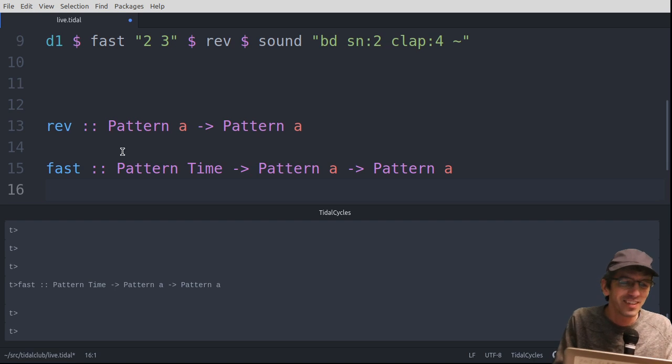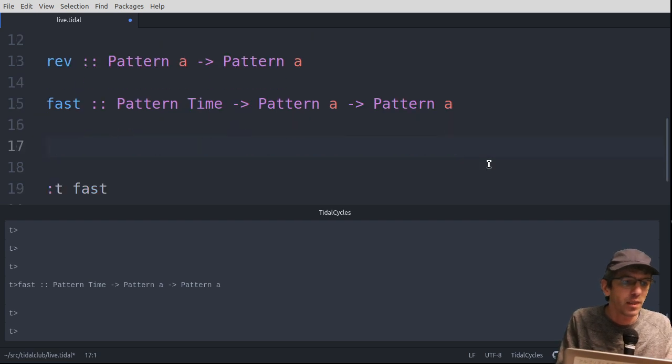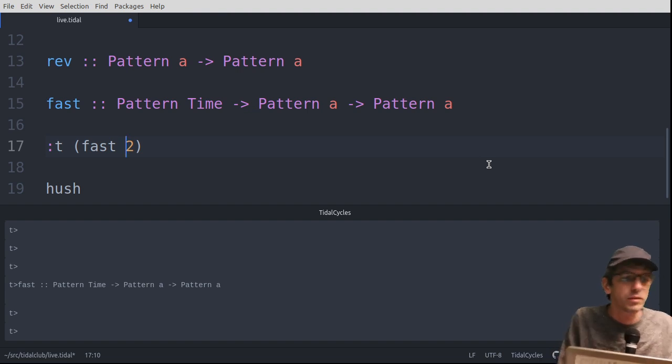So it's like there's two inputs here, but really there's only one. So what happens is that fast gets given its one input, which is time, and it returns this, which is a function from patterns to patterns. So that means if we take fast and give it one input, which is 2 in this case, so it's a pattern of numbers, even though it looks like a plain number, Tidal actually turns it into a pattern of numbers for you.